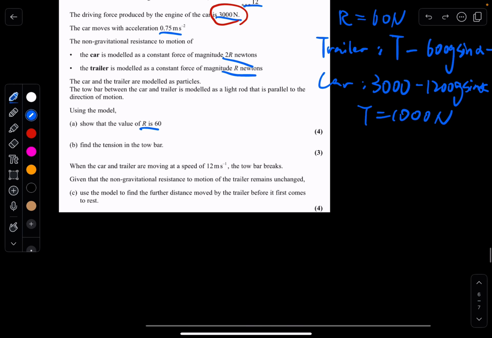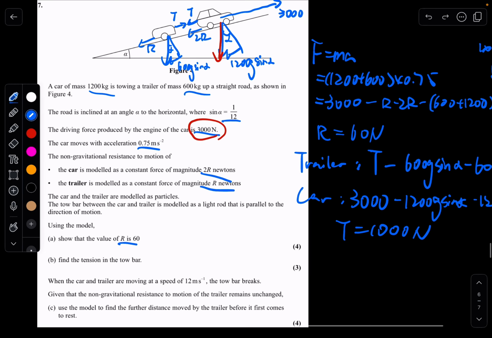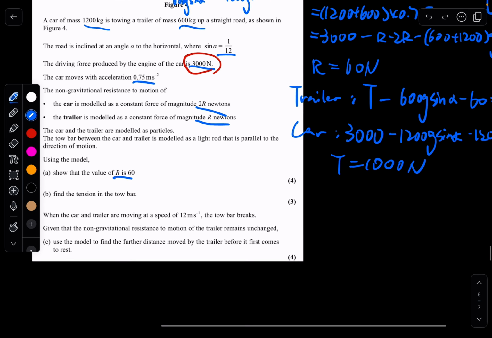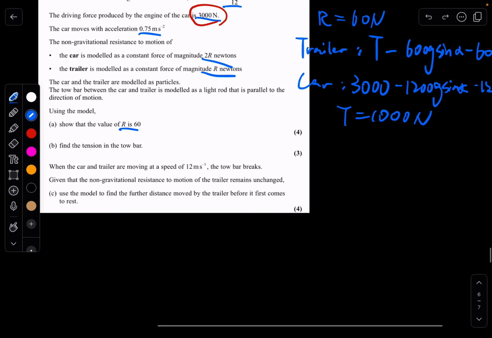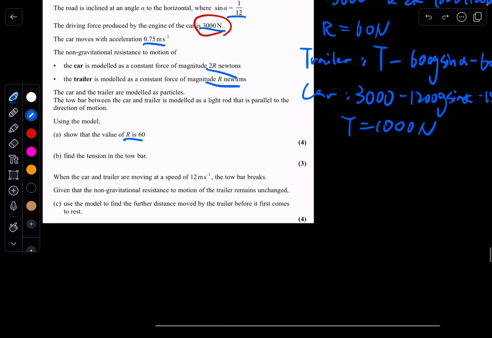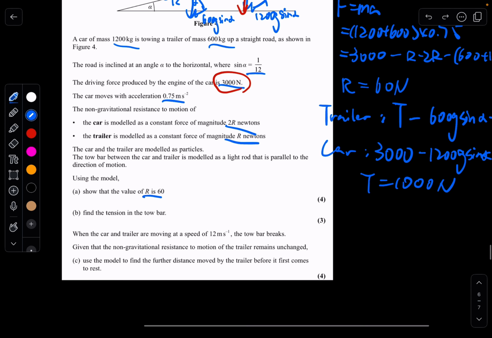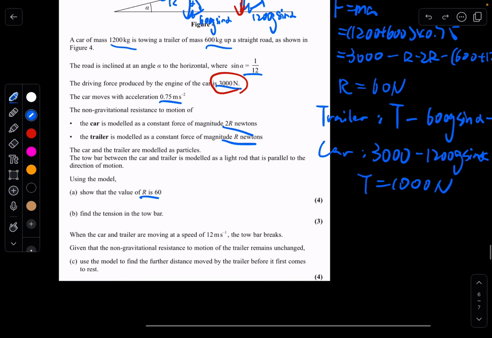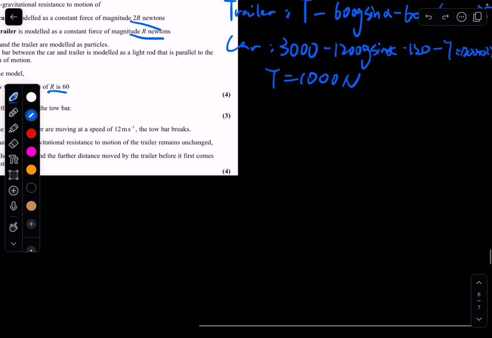And then part C. When the car and trailer are moving at the speed of 12 meters per second, the tow bar breaks. Given that the resistance remains unchanged, use a model to find the further distance moved by the trailer before it comes to rest. Okay. So basically, it's a SUVAT equation, I think. We can find the acceleration first.